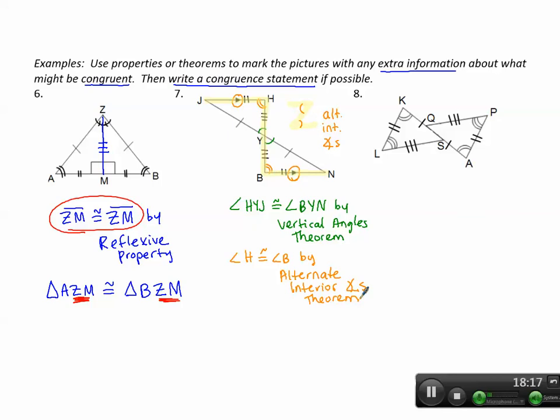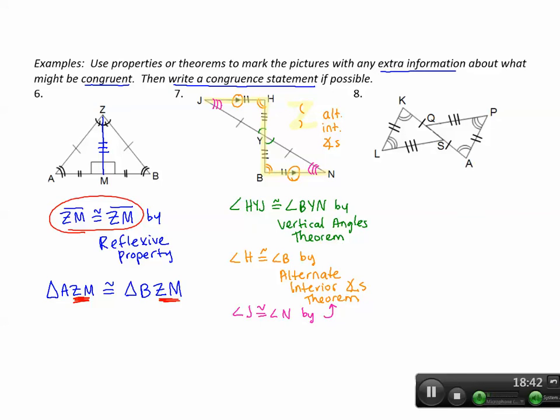Now I could have done the Z the other way, this way, using side JN as a transversal, and that would have given me these angles congruent. So also, angle J is congruent to angle N by the same theorem, alternate interior angles theorem.